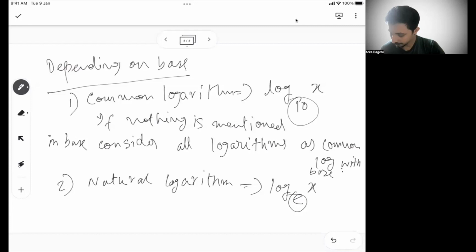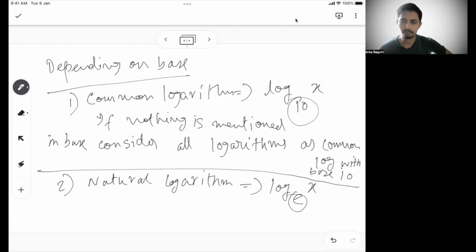If nothing is mentioned in the base, consider all logarithms as common logarithm with base 10. So this is the first, and then there are certain logarithms which will have the base of e. These are the two types of logarithm.